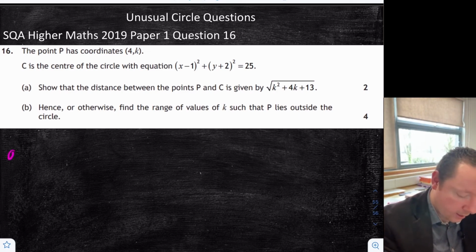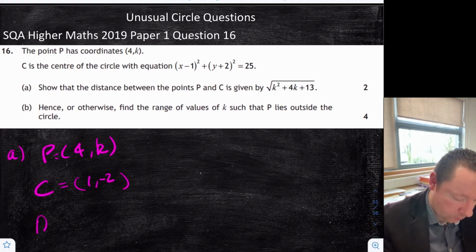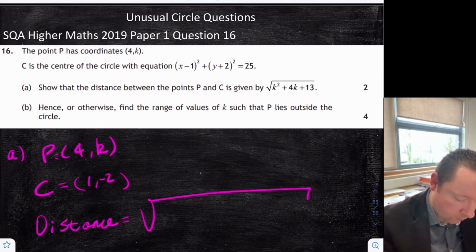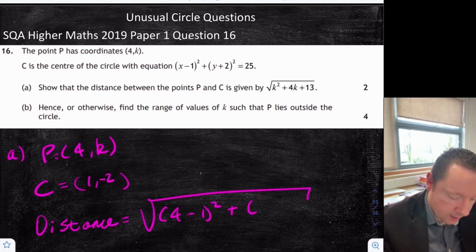So part A, we've got our points 4, k and the centre of our circle is equal to, well, let's have a look. We've got 1, minus 2. So we can work out the distance between them. That is going to be the square root of the difference in the x's, 4 minus 1 squared, plus the difference in the y's, k minus 2 squared.